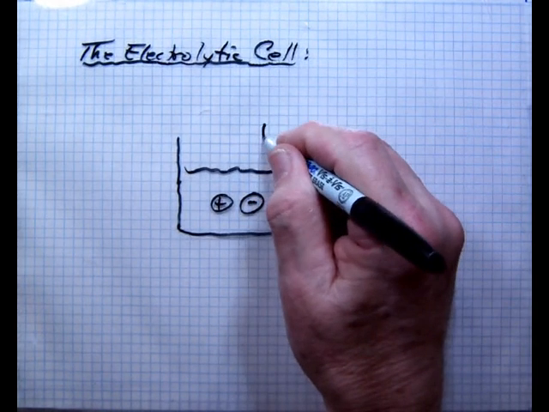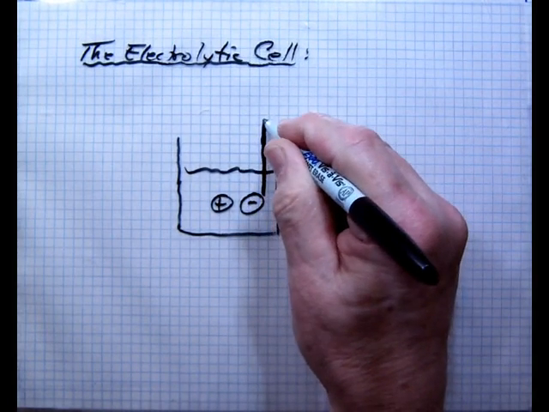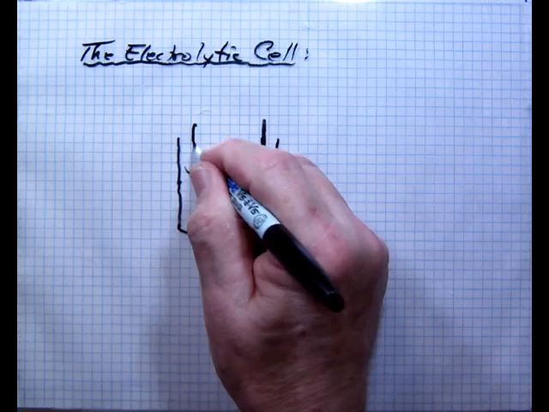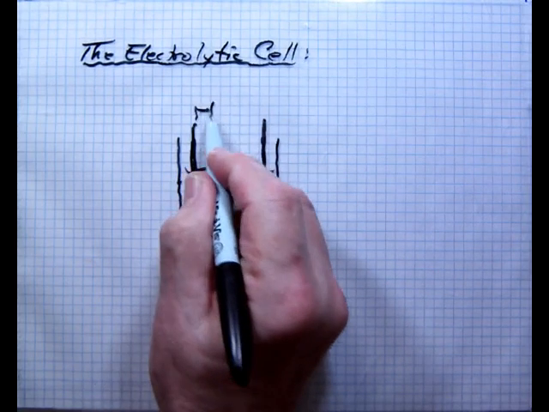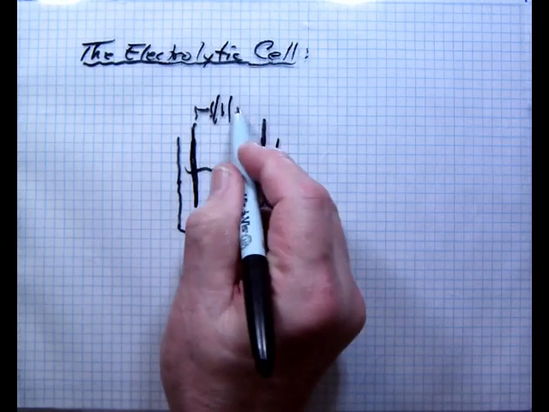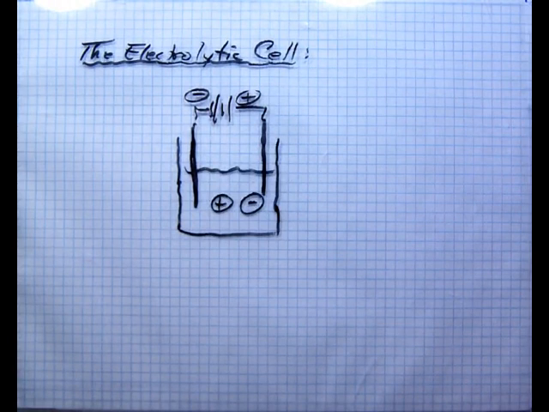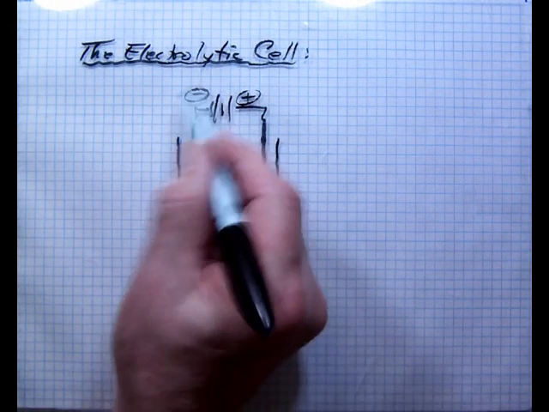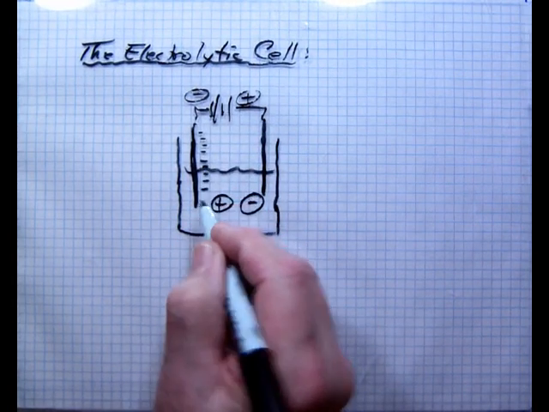They contain an electrode, usually an inert electrode, graphite electrode, like that, and connected to a transformer or a battery. The short side of the symbology represents the negative side. Long side of the symbology represents the positive. Well, if this is negative on this side, this electrode becomes negative.